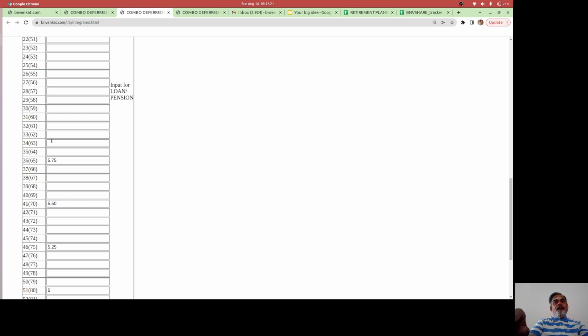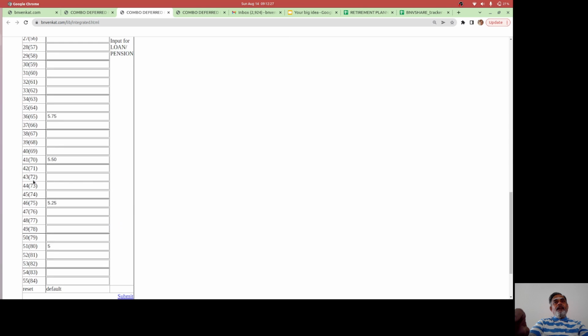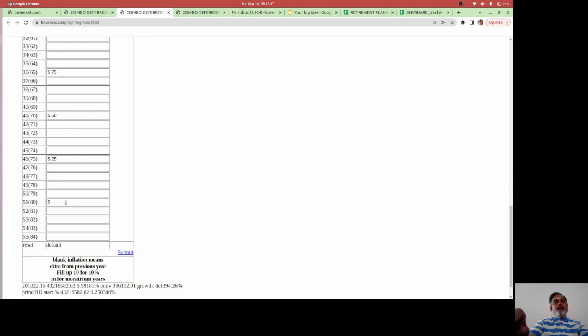Up to the 64th year, it is the same 6% to start with. At the age of 70, it is 0.25% less, further 5.50%. At the age of 75, it is 5.25%. At the age of 80 to 85, it is 5%. That is, we are changing the inflation and let us submit it.